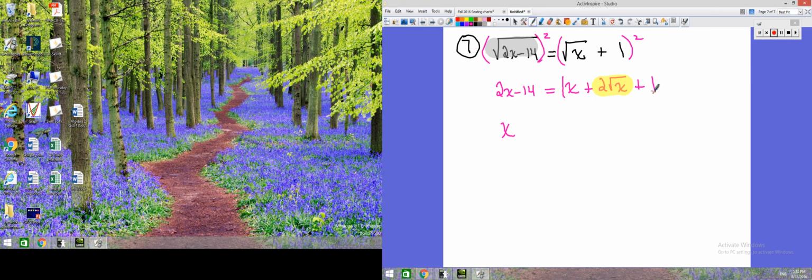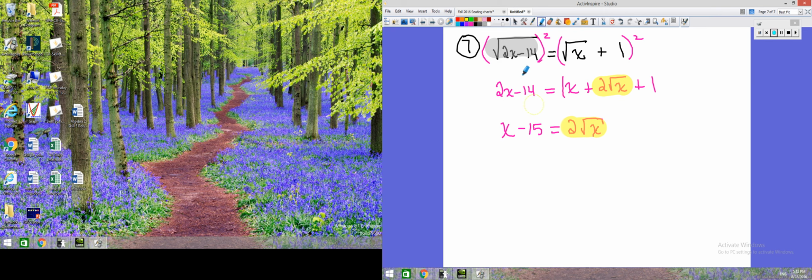And this one, if I take 1 away, I have minus 15. So, yeah, it results in something that's not that bad. I went from originally having 2 radicals in my equation to now having just a single radical, and the term that contains that radical, I have it by itself.